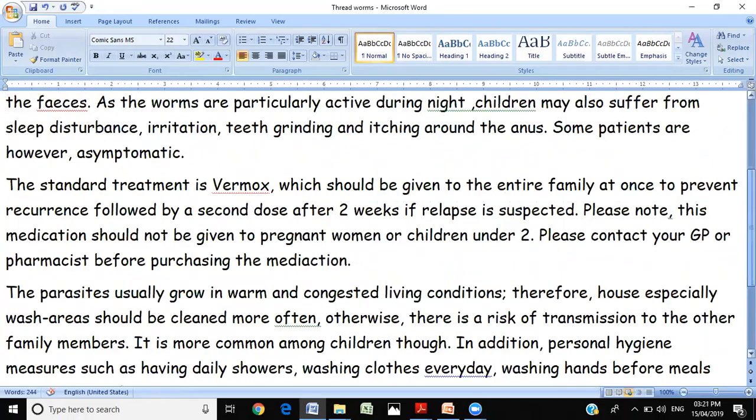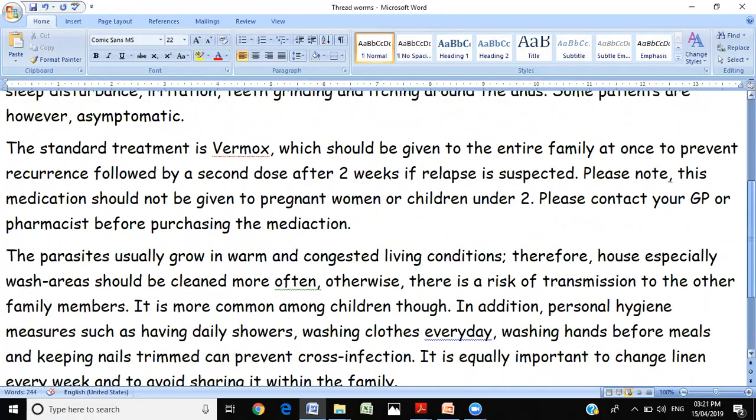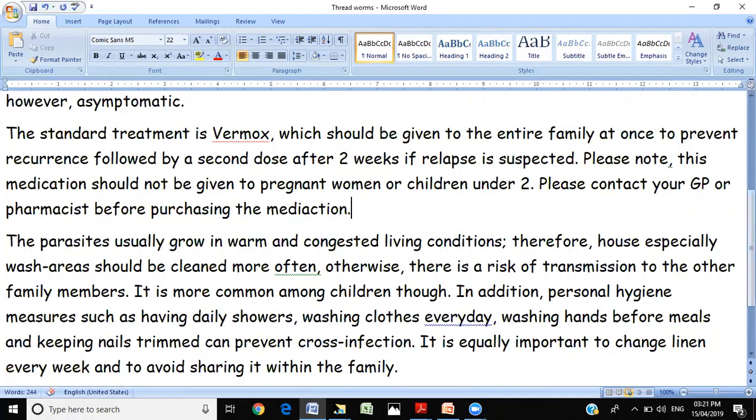As I said earlier, these kinds of letters are quite straightforward as far as the tenses are concerned, because here you will not be using any of the past tenses. It is mostly present tense: usually grow, then instructions such as should be cleaned, there is a risk of.